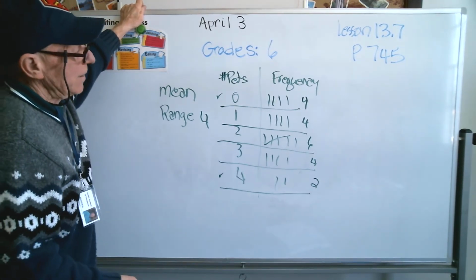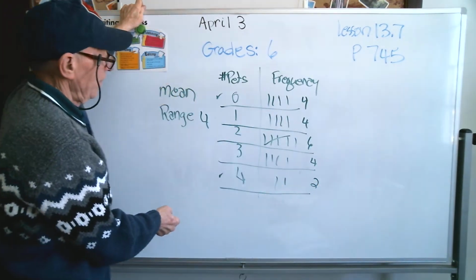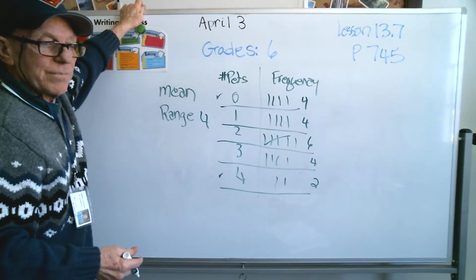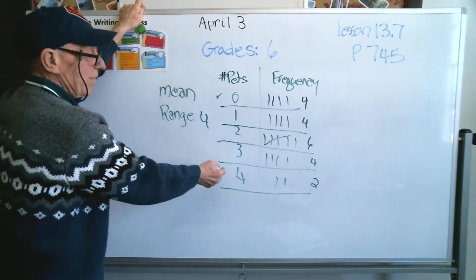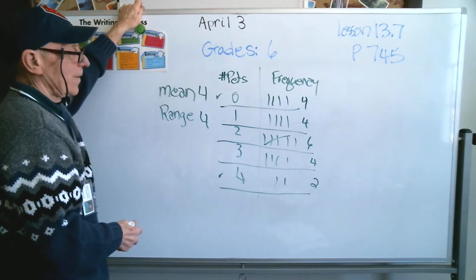What's the mean? Well, we've got 20, and we've got 5 different measurements. So 20 divided by 5, the mean would also be 4.